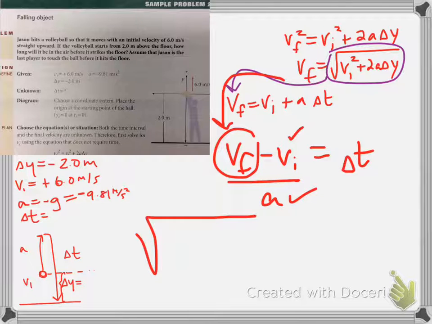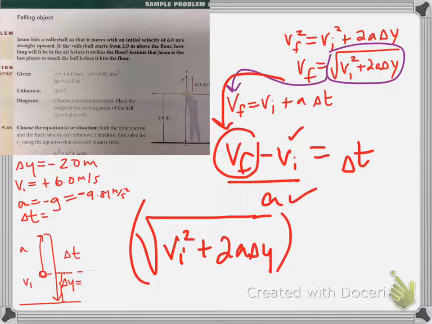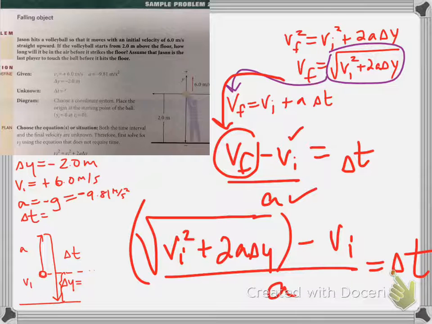So square root of Vi squared plus 2a delta y, that whole mess, and I'm putting it in parentheses only to make sure that if I'm a little sloppy, I know what's under the radical and what isn't. Minus Vi divided by a equals delta t.